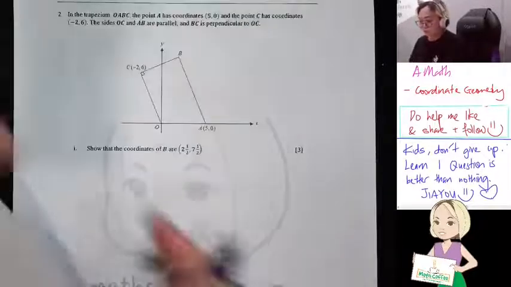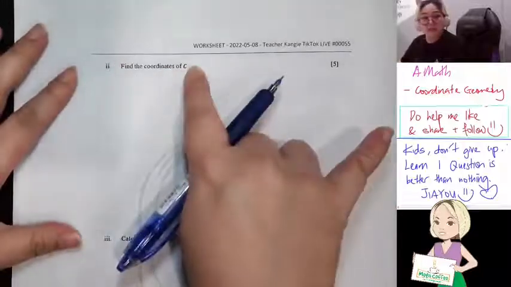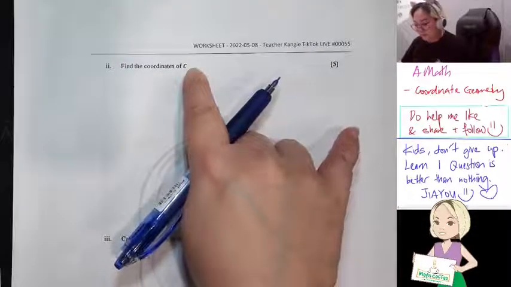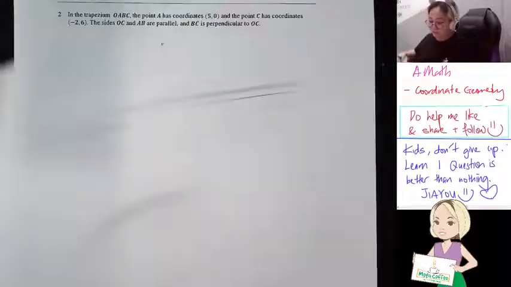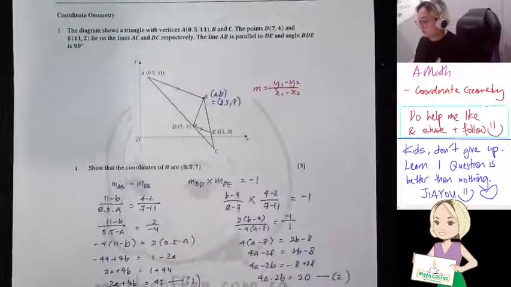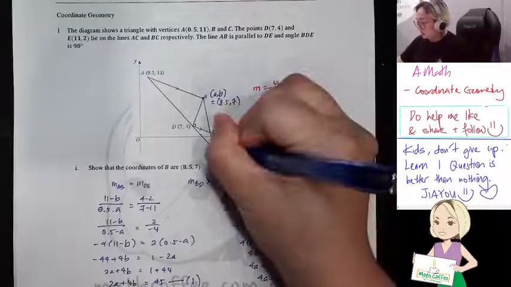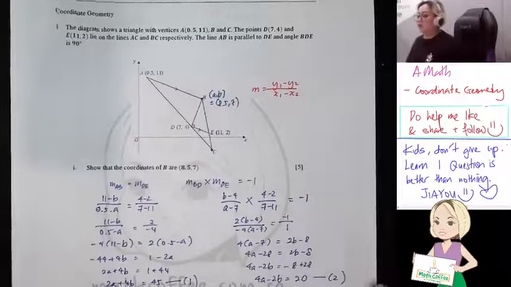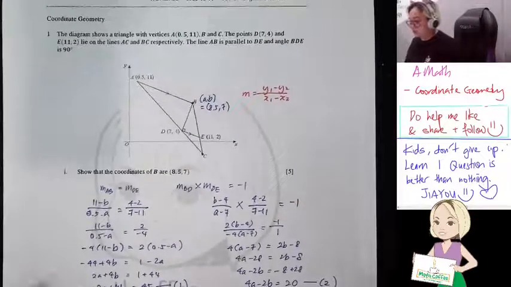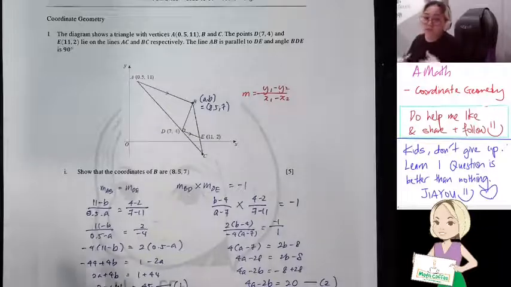Okay, let's move on. Now they ask to find the coordinate C. Coordinate C is here. Another property that students often don't understand. It's actually very basic, but they always forget about it.